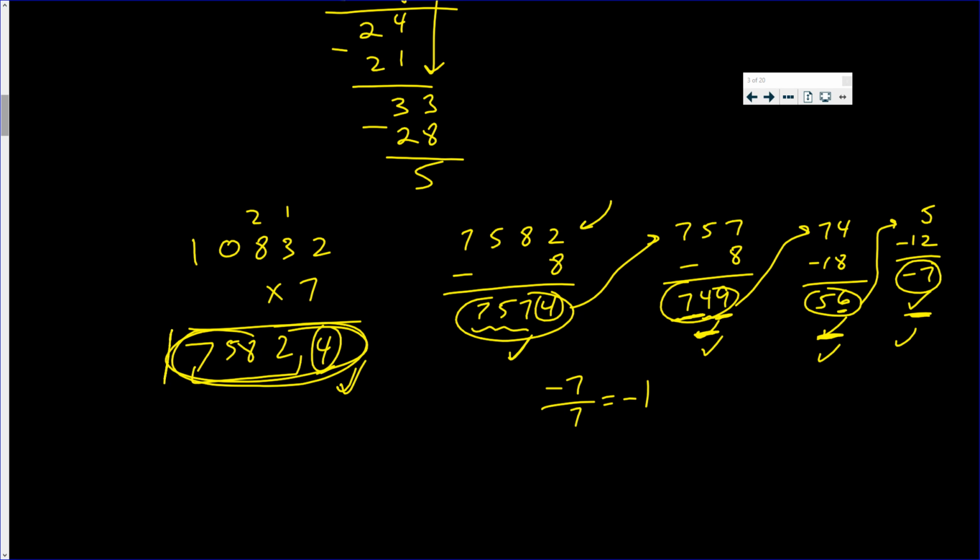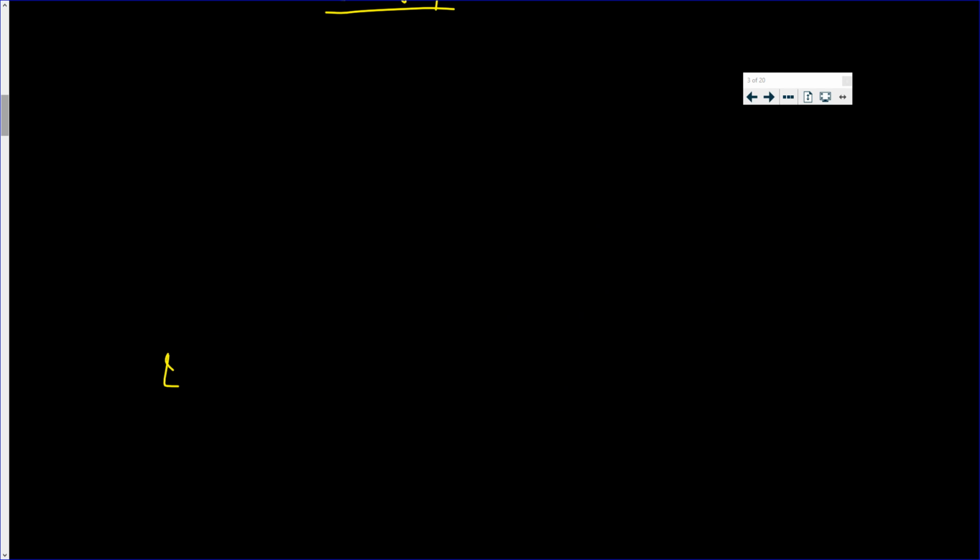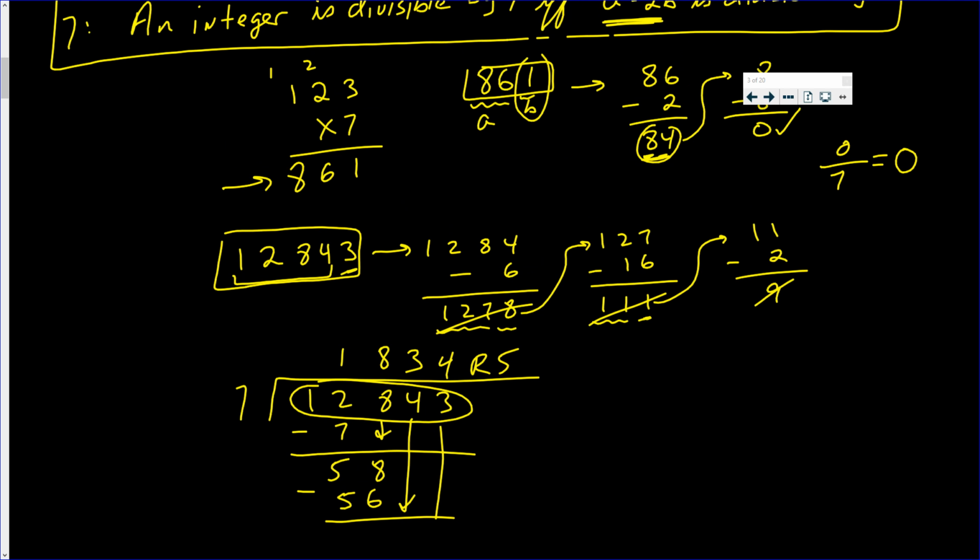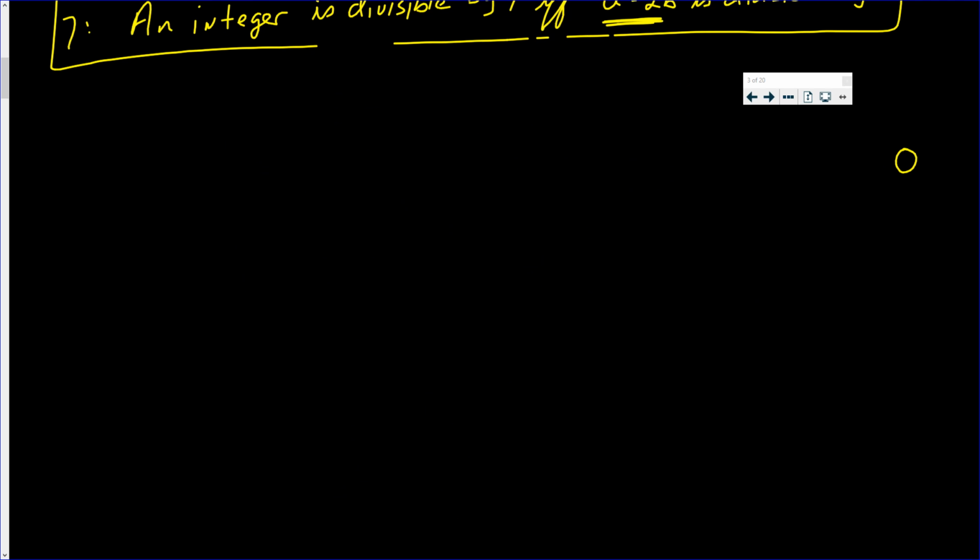In particular, that number. That is one method of finding out if a number is divisible by 7. Other methods are very similar. It just won't be a minus 2b. It might be a plus 7b.